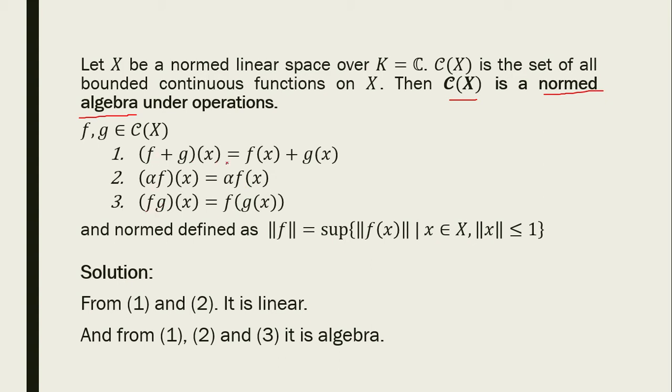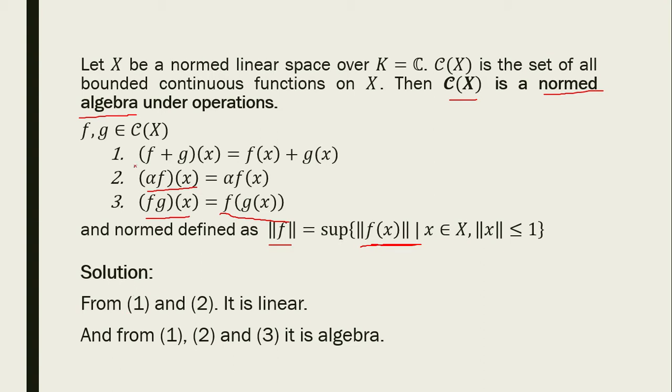(F plus G) of X is equal to F of X plus G of X. (Alpha F) of X is equal to alpha times F of X. (F into G) of X is equal to F of X times G of X. And the norm is defined as norm F is equal to the supremum of norm F of X, such that X belongs to X, norm X is less than or equal to 1.